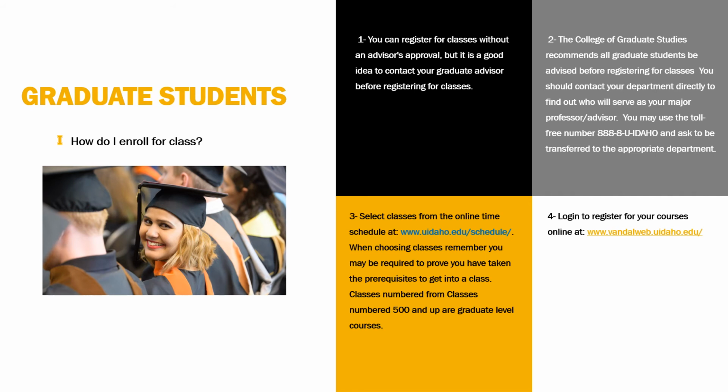You can contact your department directly to find out who will serve as your major professor or advisor. After you have spoken with your department to decide which classes are best for you, you can select your classes online through VandalWeb.